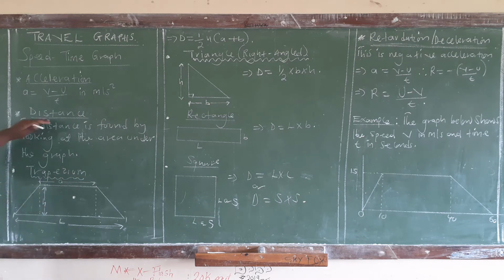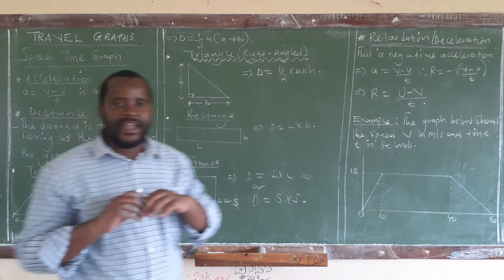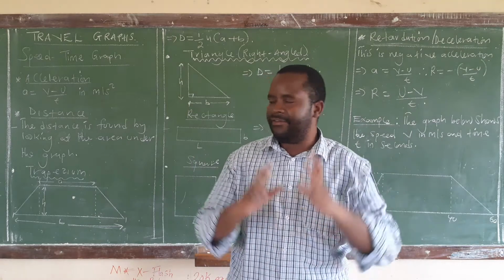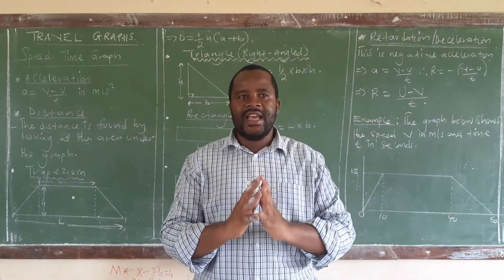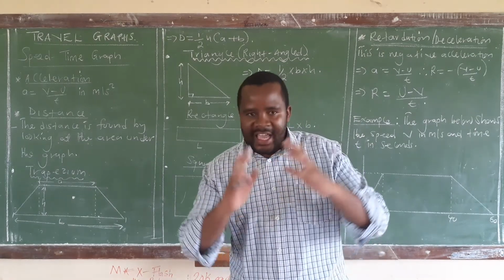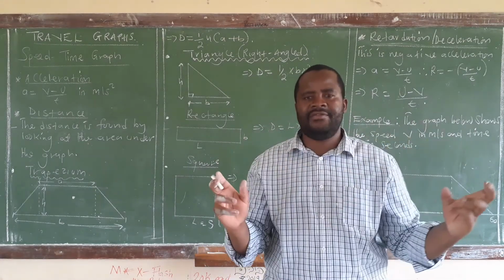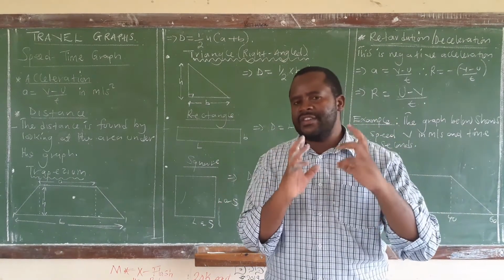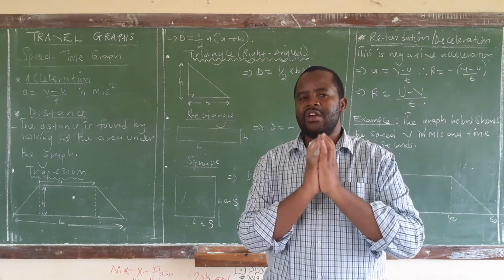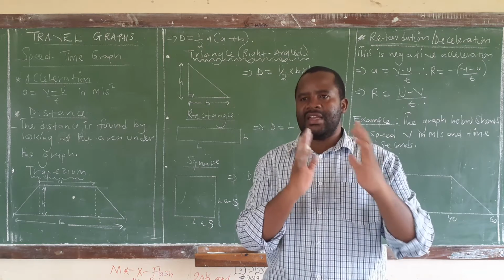Then, if you want to find distance, basically we are saying for us to be able to find distance, we should be able to identify the graph. Alright? So distance is given by the area under the graph. So identify your graph. Alright? So if your graph is in form of a triangle, then you're going to apply the formula for the area of a triangle. In this case, we're dealing with the right angle triangle.